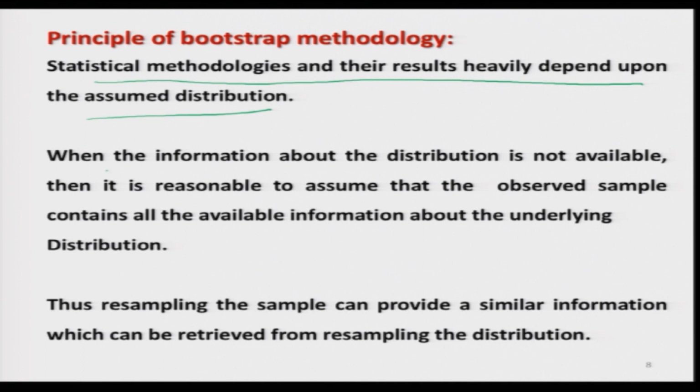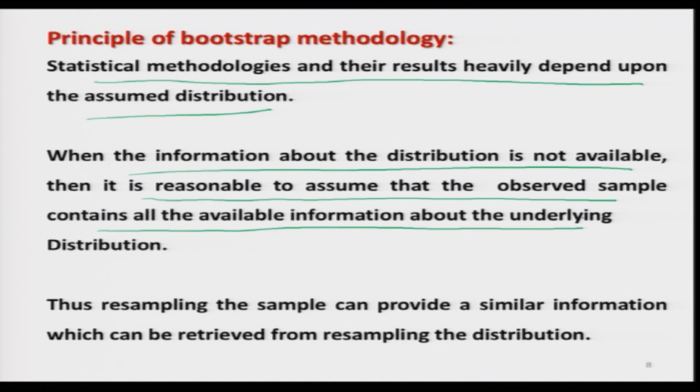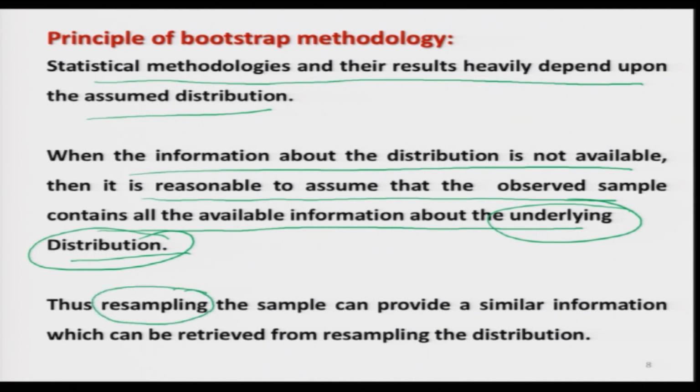So obviously, when this information is not available, one possible solution, and it is reasonable to assume, is that the observed sample contains all the available information about the underlying distribution, which is unknown to us. Now the question is how to know this underlying distribution. One simple solution is the resampling methodology.